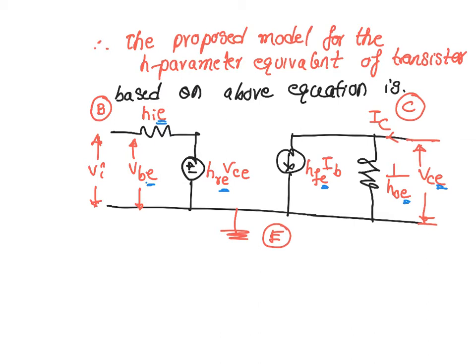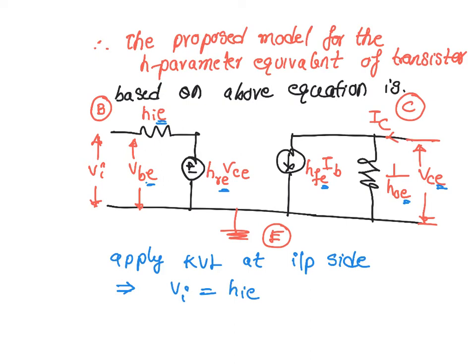So they have proposed this kind of model because, applying KVL at the input side, Vi can be written as HIE into IB plus HRE into VCE, where input current is going to be IB.